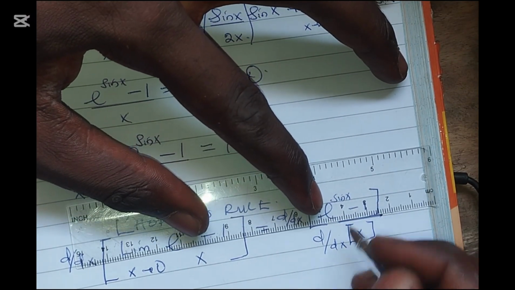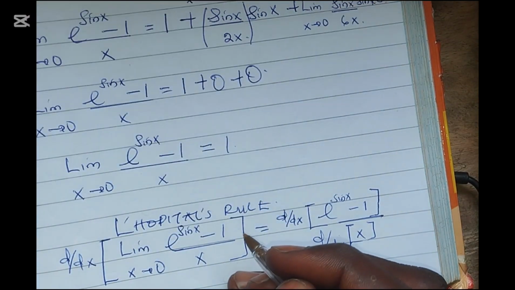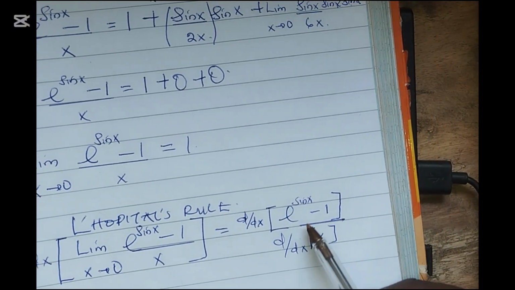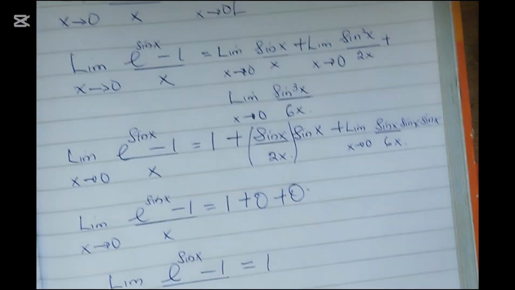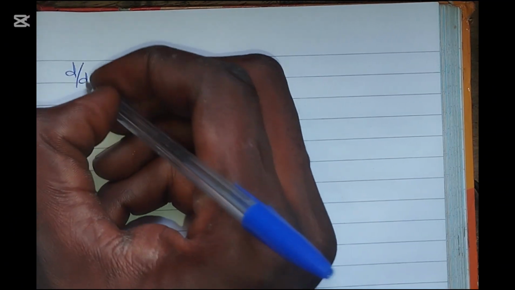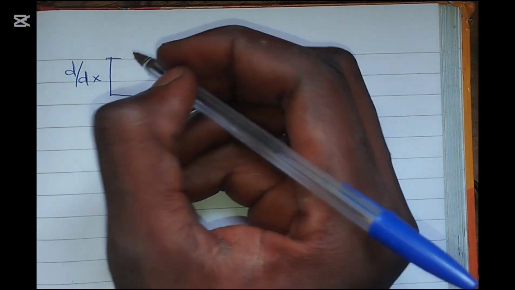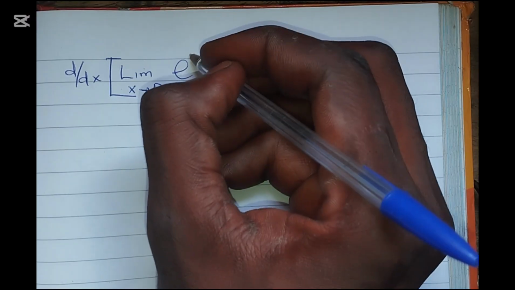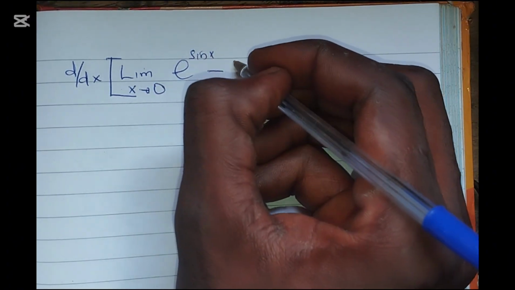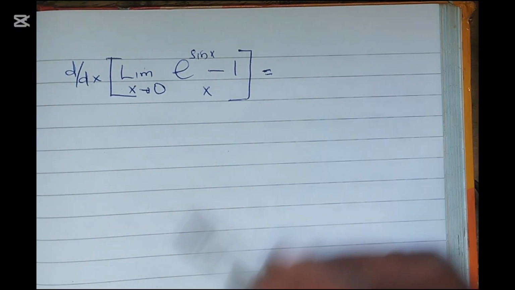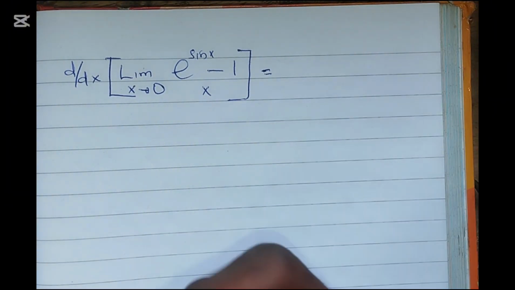All right. So if we apply this derivative, let's make sure this is clean. It's clean. All right. So the limit as x tends to 0 of (e to the sine x minus 1) all over x is equal to, now let's differentiate e to the sine x.